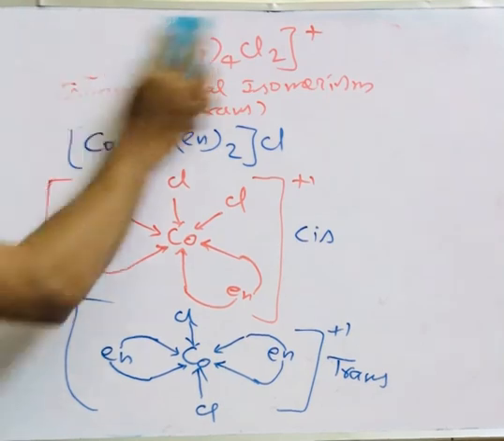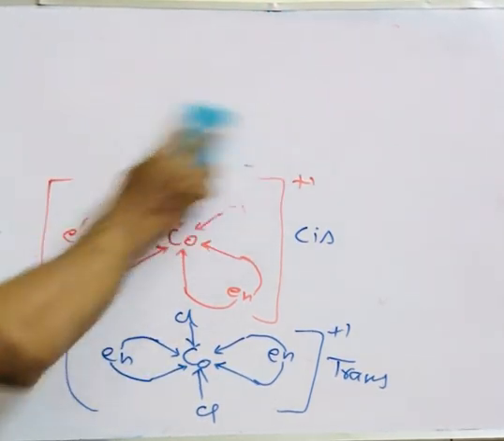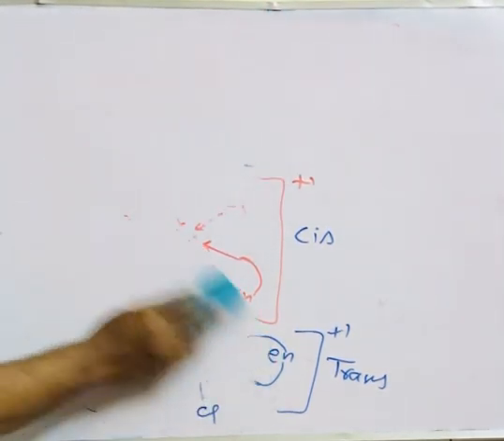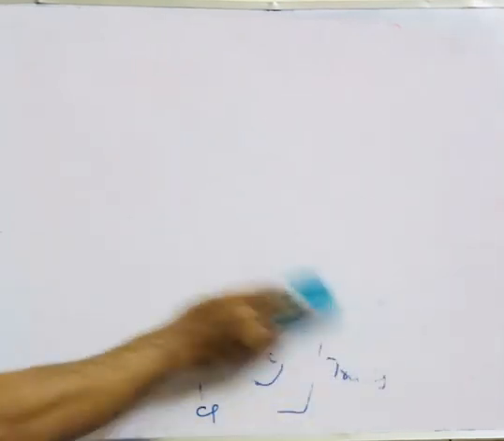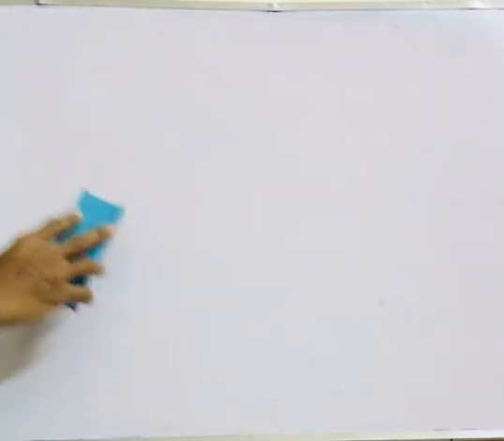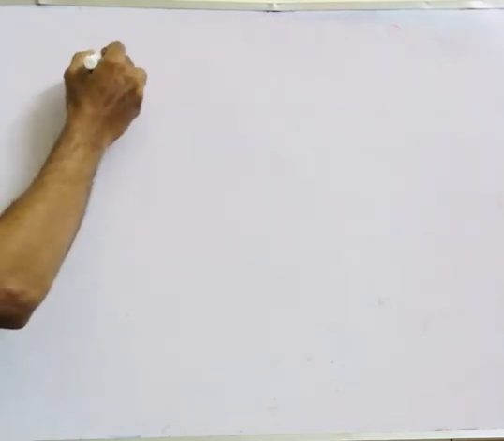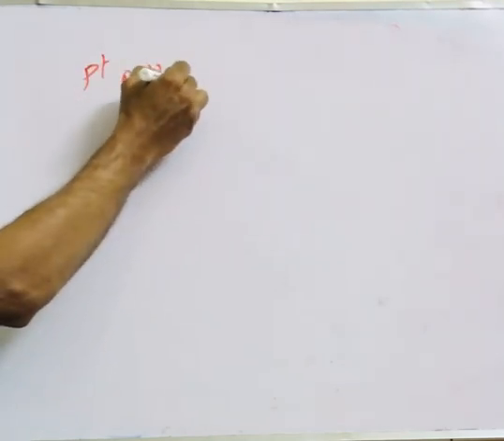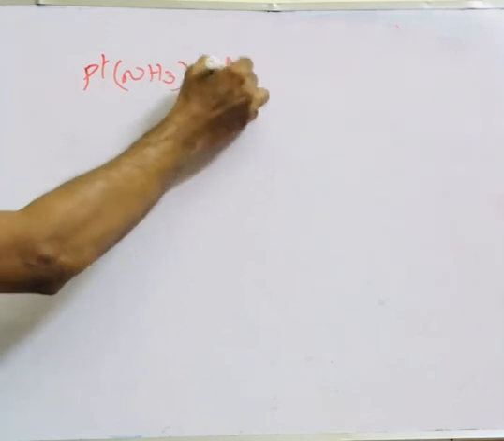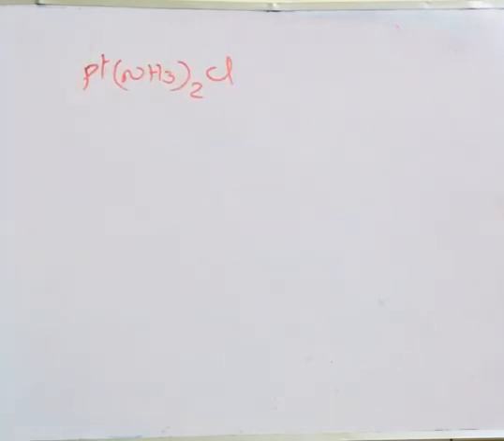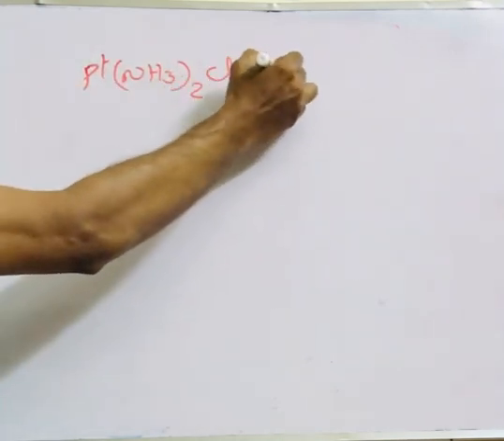Okay, I hope you understood. Next, another one. These all contain 6 ligands. If we have 4 ligands, they can also show cis-trans isomerism. The compound is platinum (NH3)2 Cl NO2.